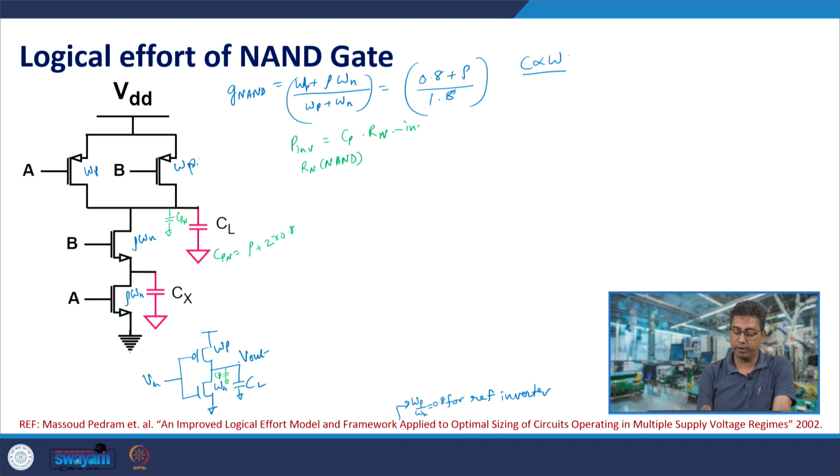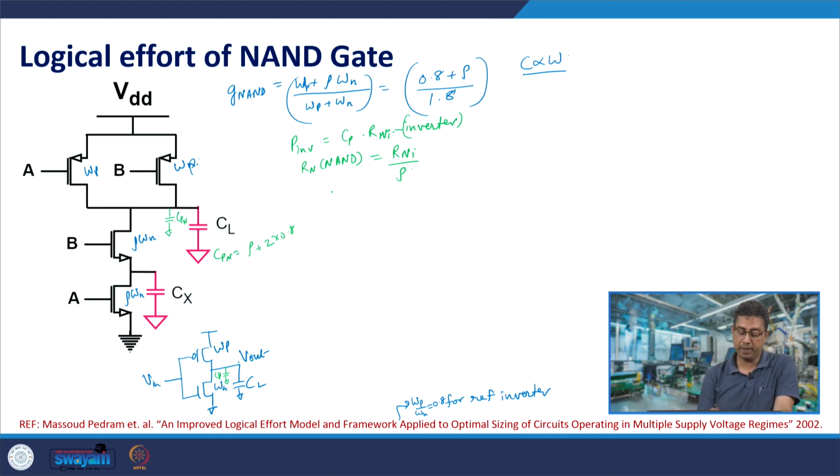This is for the inverter. Since the width of the individual device is increased by rho times, this would be Rn of the inverter, let us call it Rni, divided by rho.